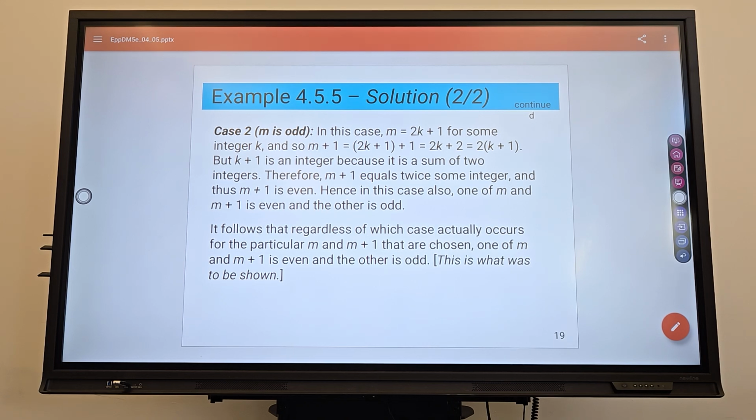So therefore, m plus 1 equals twice some integer, and m plus 1 is even. Hence, also one of m and m plus 1 is even, and the other is odd. It follows that regardless of which case actually occurs for the particular m and m plus 1 that are chosen, one of m and m plus 1 is even and the other is odd.